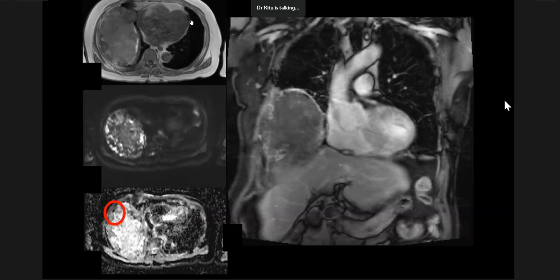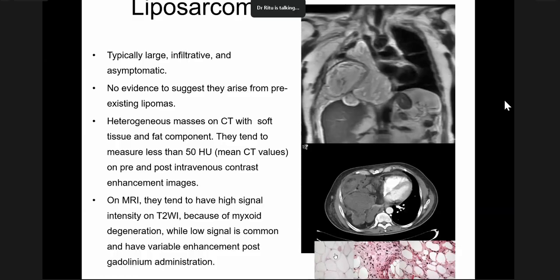There is a small entity of fibrous tumors of the pleura which tend to change into liposarcomas. And so diffusion can really be helpful in those cases.